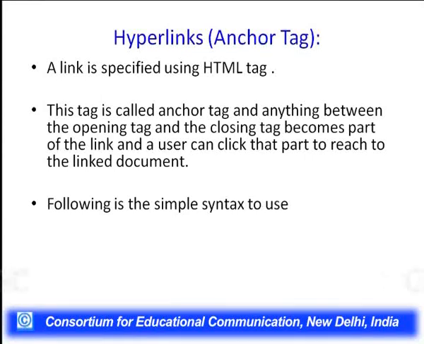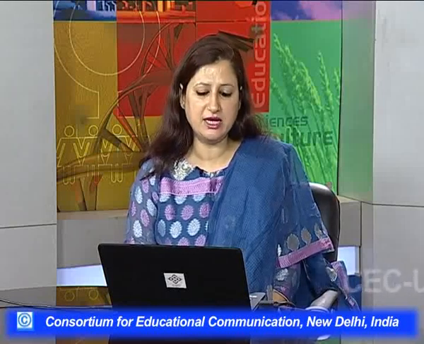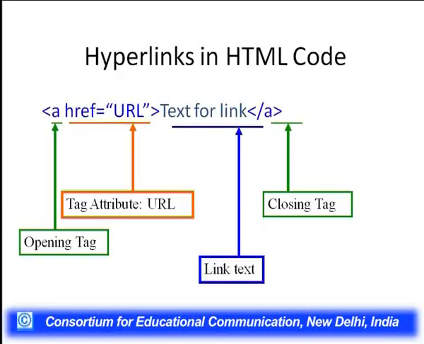This is the syntax of the anchor tag, as you can see here. The A tag is used, and in this you use an attribute of the A tag which is known as href. Href here stands for hypertext reference, and then you provide the URL. The URL basically is the path or the address of the resource that you want to open.